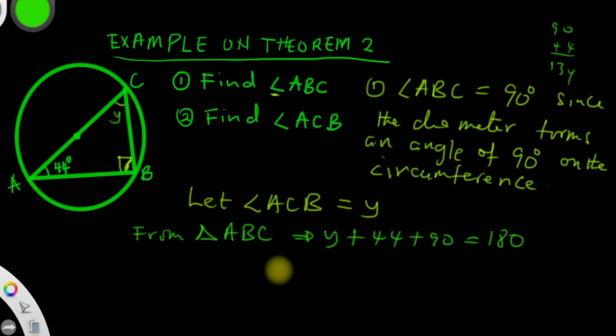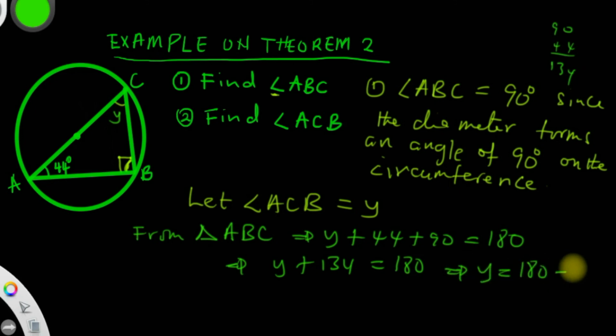So it implies that y plus 134 is equal to 180 degrees. This implies that y is equal to 180 degrees minus 134. So what is 180 minus 134?